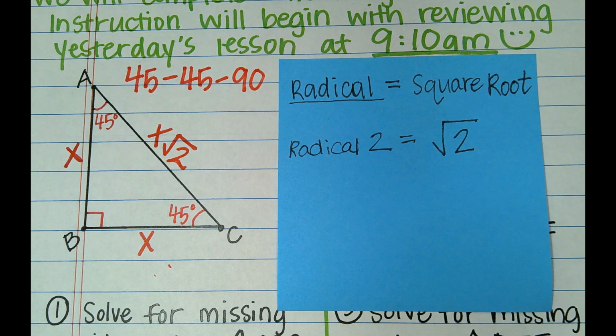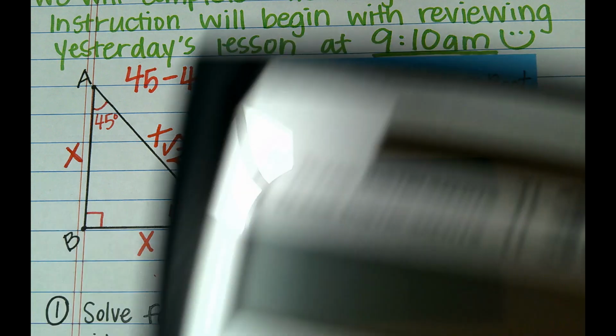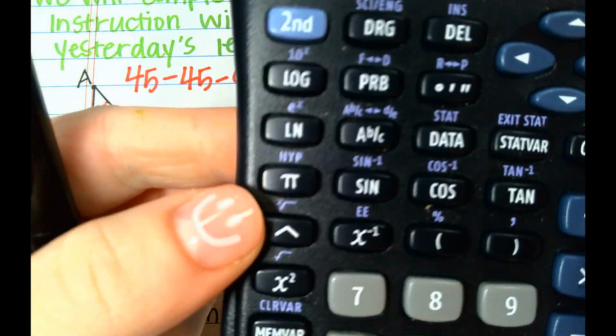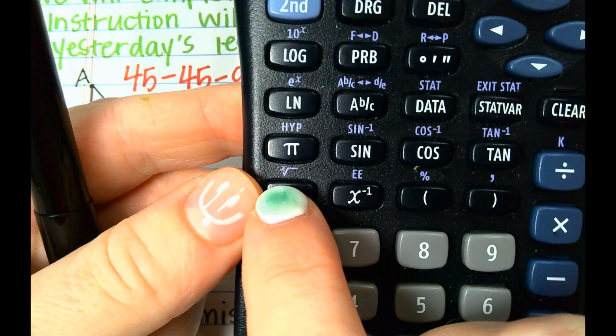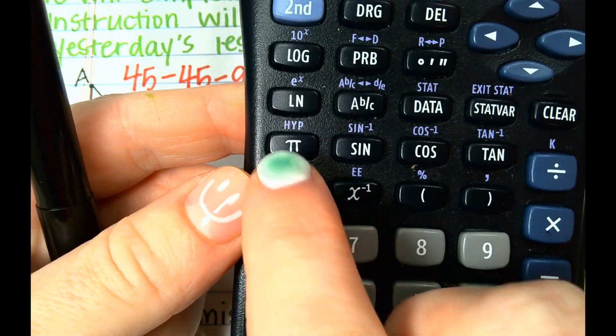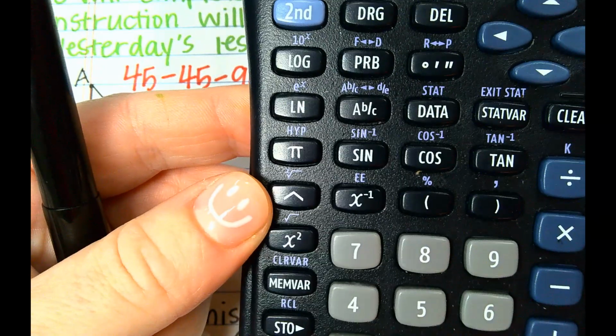I noticed that it looked like a square root, but there's also another button on the calculator that looks similar to the square root. I bet I know what you're talking about. Let me find my calculator. Are you referring to the one that's got like a chevron? Let's see, right here? Yeah. Okay, so it looks like a square root, but with an X.